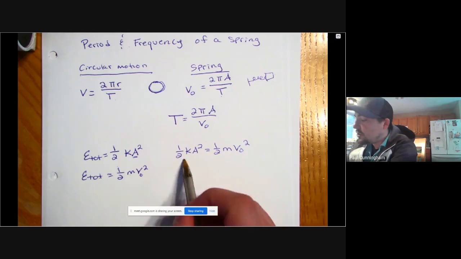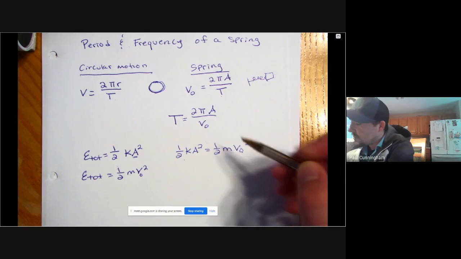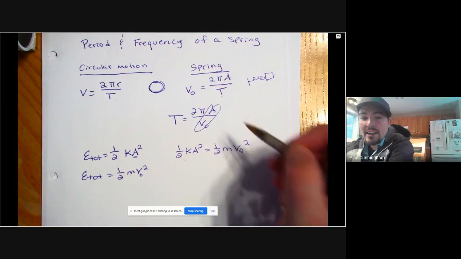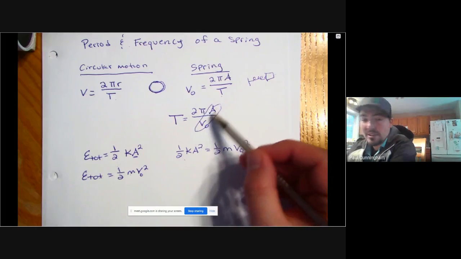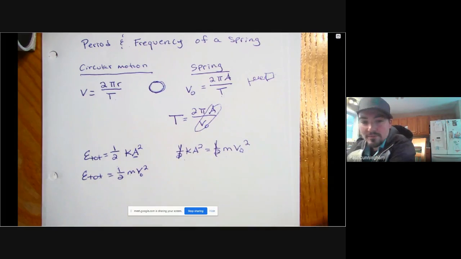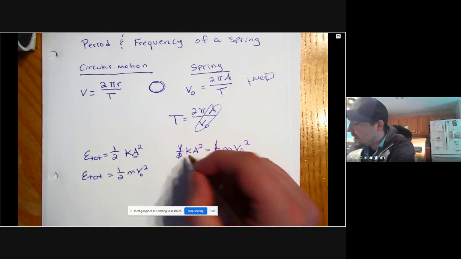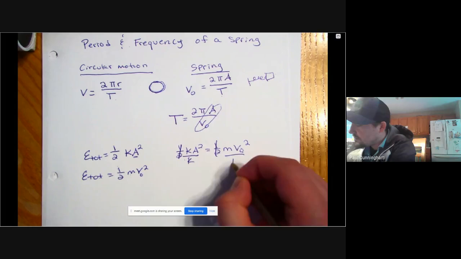All right, now notice what I have here. I have an A on this side, and v sub 0 here. Notice what I have right here, an A over v sub 0. So what I'm really trying to do is get a substitution here. So let's try that. First of all, notice the 1/2s just cancel. We want the A on top, so I'm going to divide by k on both sides.